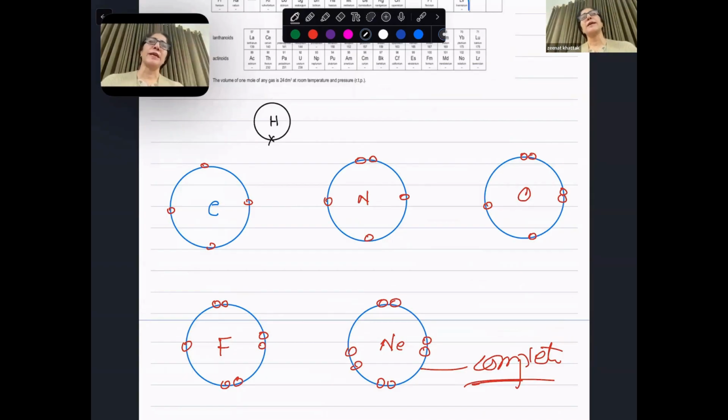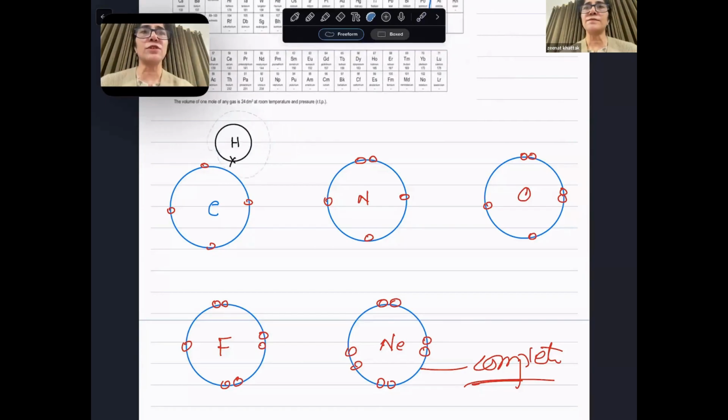Just one. It needs one to become like helium, because hydrogen has only the first shell, which is the last shell too. What is the capacity of the first shell? 2 electrons. So it will gain one, making 2.